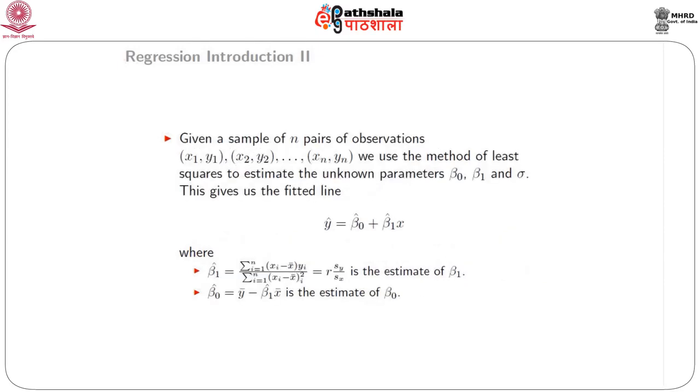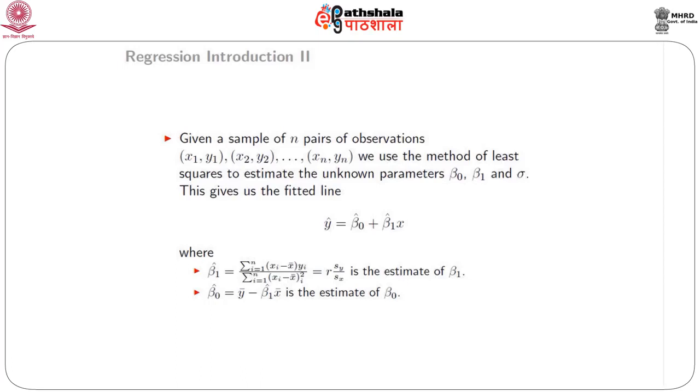So, given a sample of n pairs of observations x1, y1, x2, y2, up to xn, yn, we use the method of least squares to estimate the unknown parameters beta naught, beta 1 and sigma, and this gives us the fitted regression line y hat equals beta naught hat plus beta 1 hat x, where the least square estimates of the two parameters are beta 1 hat equals summation xi minus x bar times yi divided by summation xi minus x bar whole square.